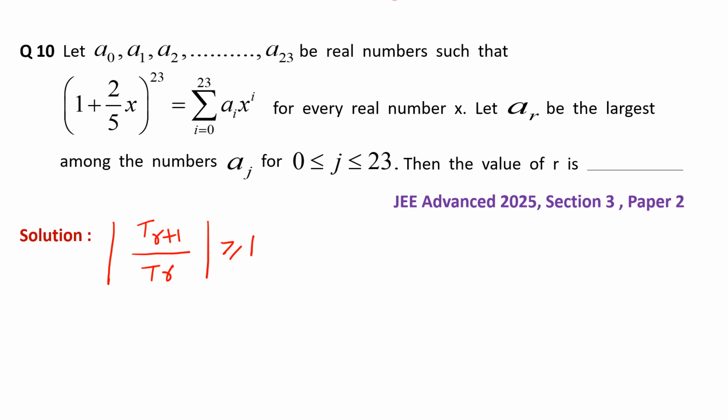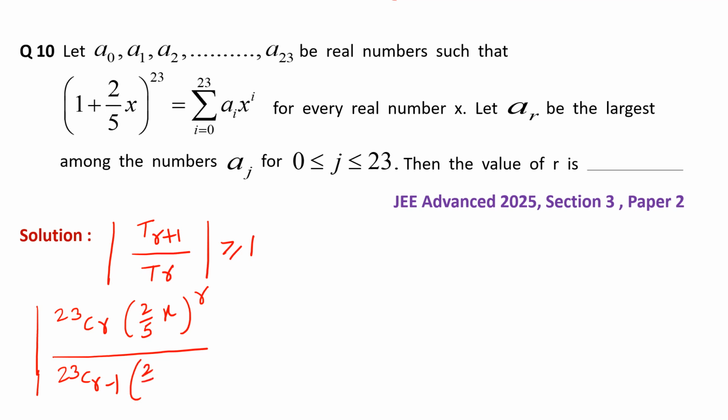Now students, this can further be written as mod of 23Cr into (2 upon 5 into x) whole power r, divided upon 23C(r minus 1) into (2 upon 5 into x) whole power r minus 1, greater than or equal to 1.